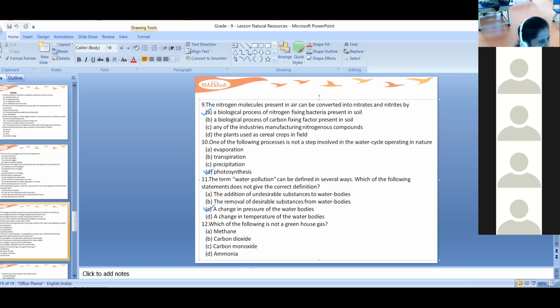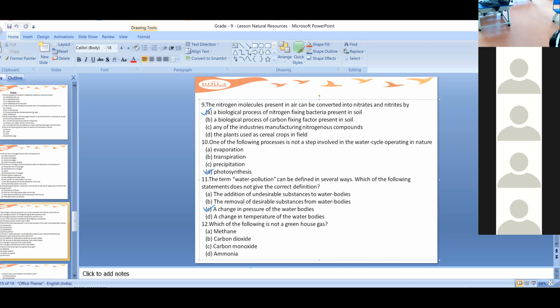All these others support the definition of water pollution. Even D, a change in temperature. If you increase the temperature, then the water bodies will die, so it can also cause water pollution. All these three define water pollution. The one which is not supporting is C, a change in pressure of water bodies. It does not define water pollution. Is it clear?